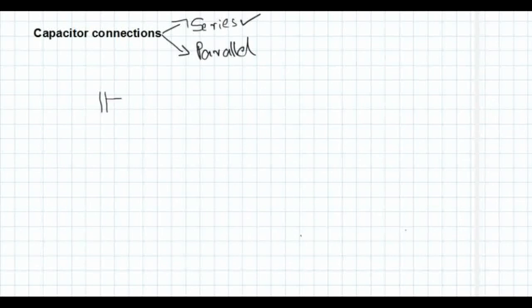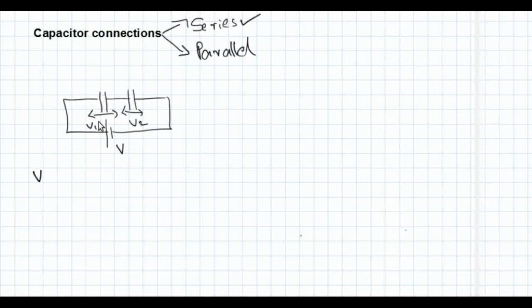For simplicity, we assume that there are only two capacitors. So two capacitors are connected in series to a cell. So this is the connection, and in the case of a resistor also, this potential V will be divided across these capacitors.